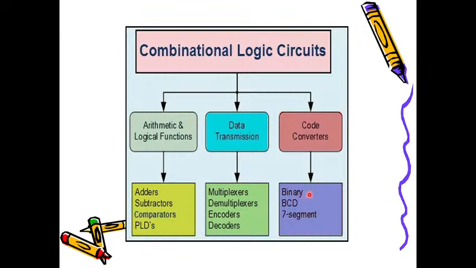To represent a binary value, it is 2 to the power of n. Whatever value you want to represent, that many bits would be used. As for 7 segment, the best example for a 7 segment display is a calculator.